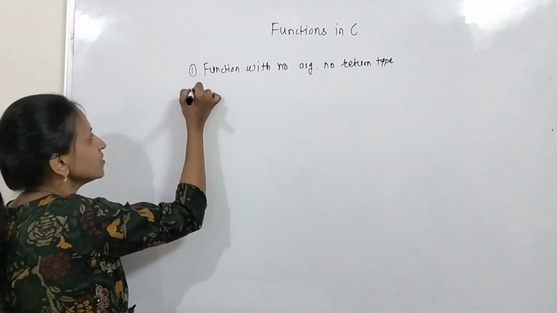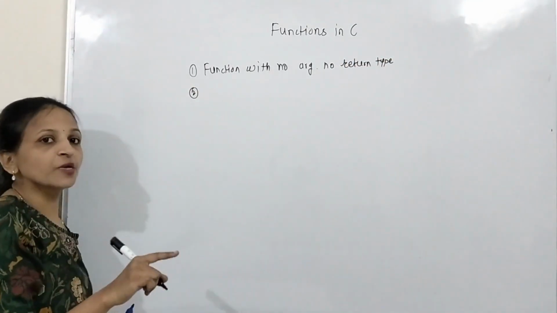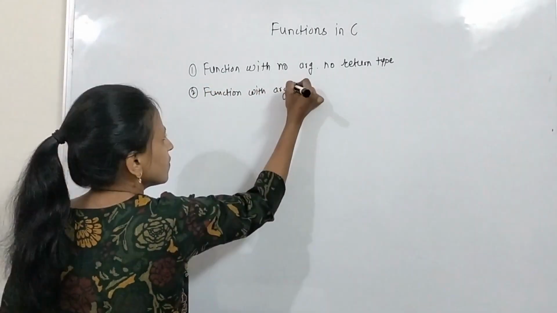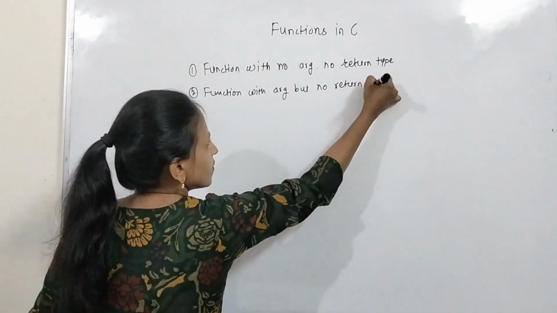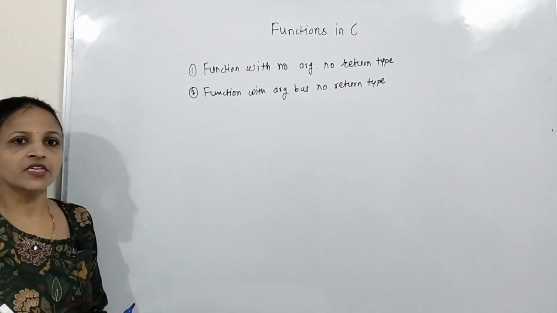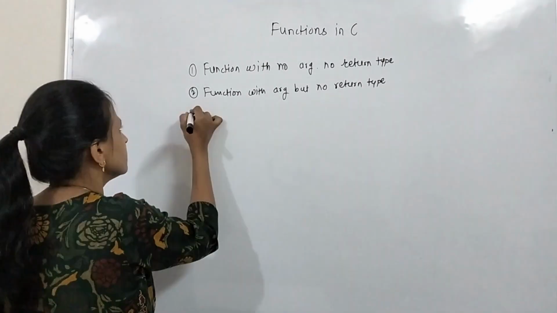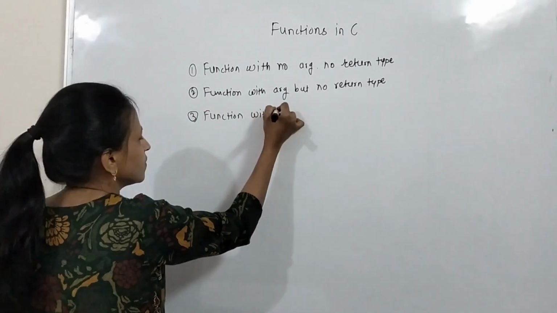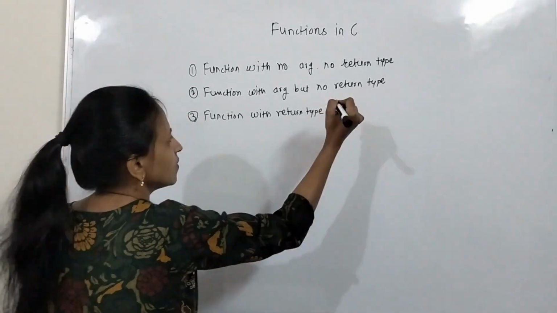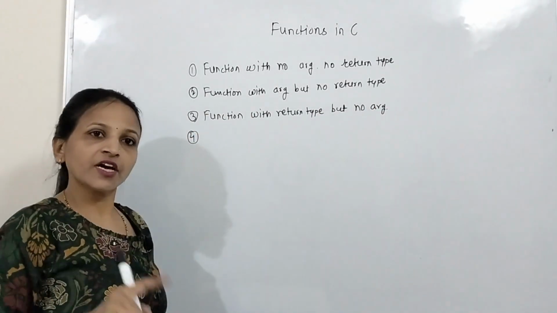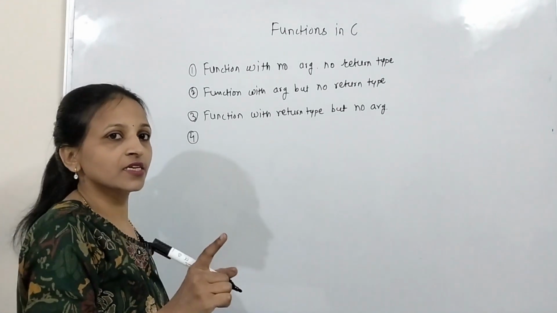Second one is function with argument but no return type. Then third one is function with return type but no argument. And the last one is function with argument as well as return type.